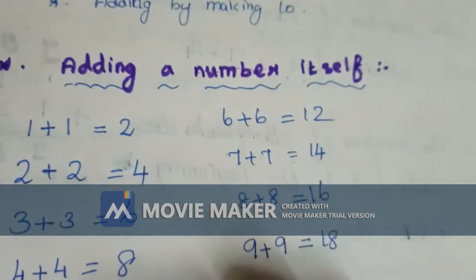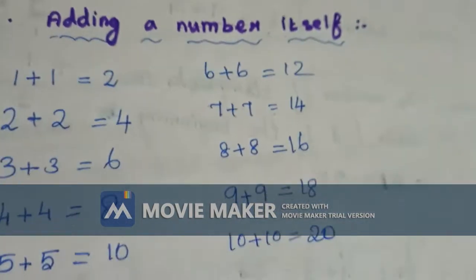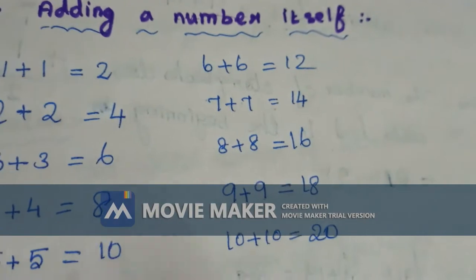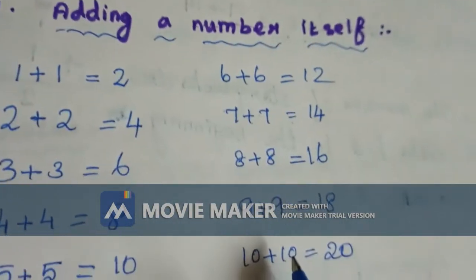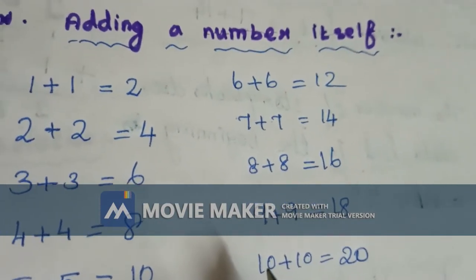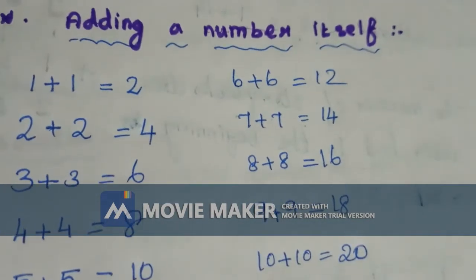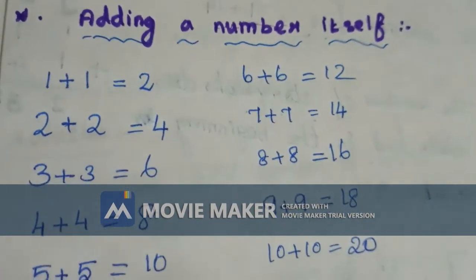And double of 10 means 10 plus 10, which gives us 20. So children, once we know the doubles from 0 to 10, it gets very easy to add a number to itself. So double means add a number to itself.